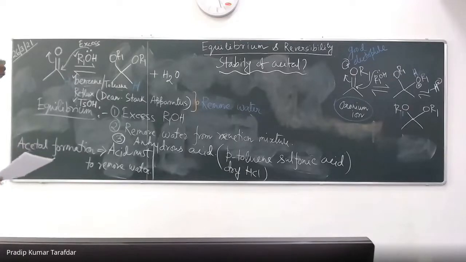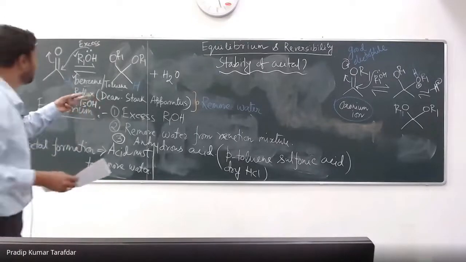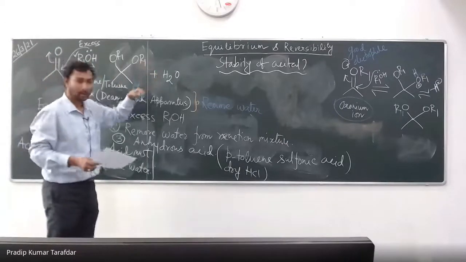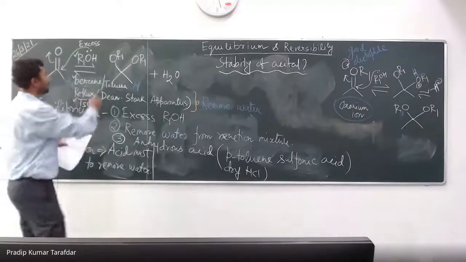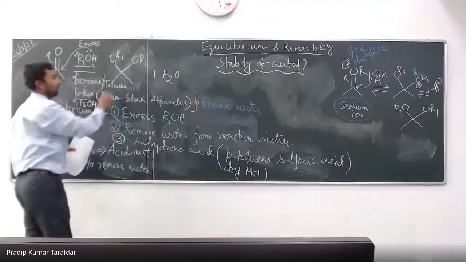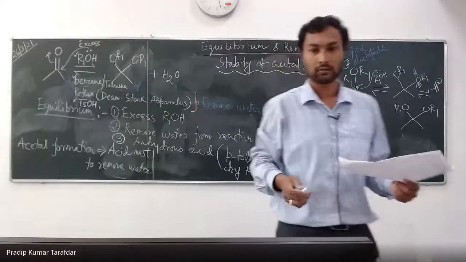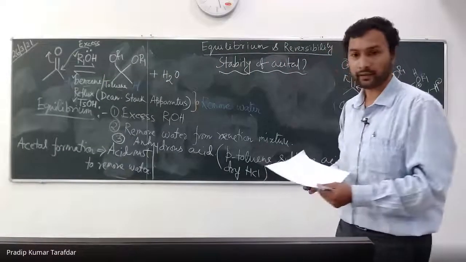So the beauty of equilibrium is that every step is in equilibrium. Now suppose you have an acetal and you have aqueous HCl, meaning aqueous acid. What will happen?